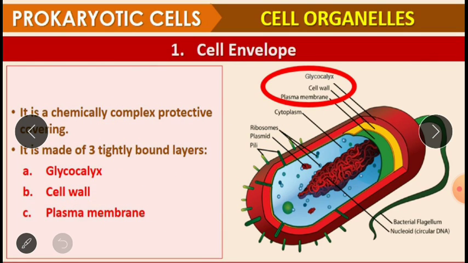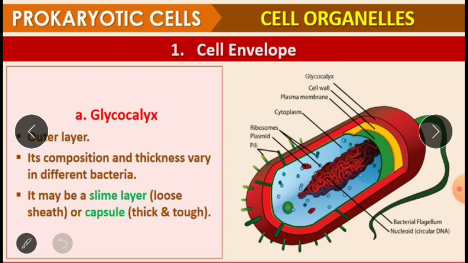The cell envelope is the chemically complex protective covering of the cell. It is made of 3 tightly bound layers. They are glycocalyx, cell wall and plasma membrane. So the glycocalyx, cell wall and plasma membrane together form the cell envelope.